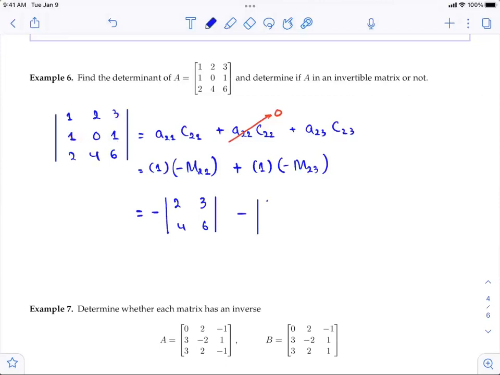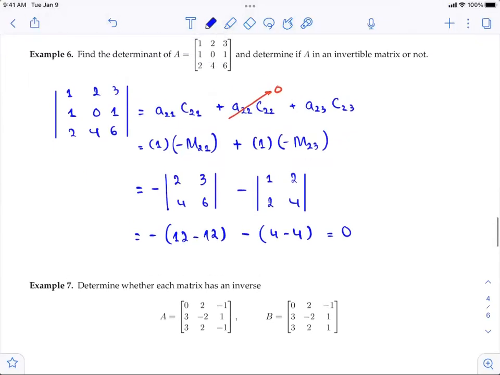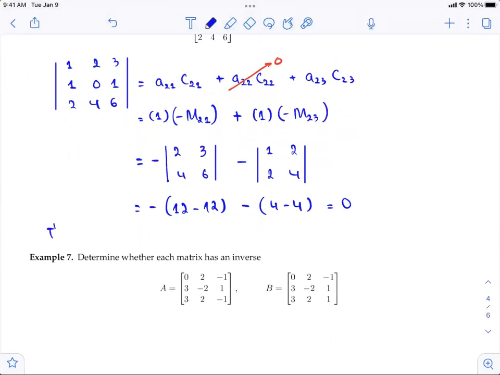You're left with the entries 1, 2, 2, 4. And here the calculation becomes negative of 12 minus 12, minus 4 minus 4. So the determinant is equal to 0. And when the determinant is equal to 0, you can say that the matrix is singular, or it has no inverse matrix.